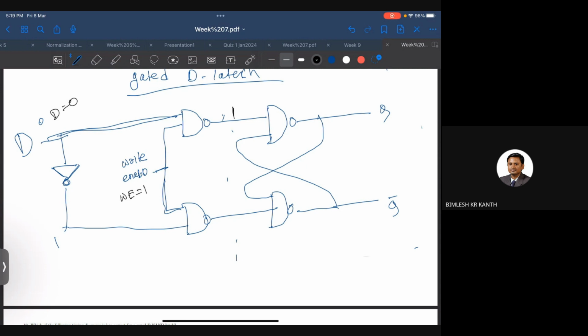When we put WE equal to 1, what will be that? Here output will be 1 1 0. This will be 0. When S equal to 1, R equal to 0, what is the output?